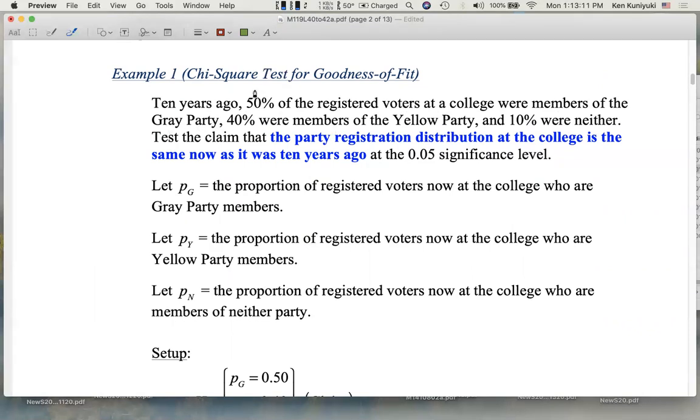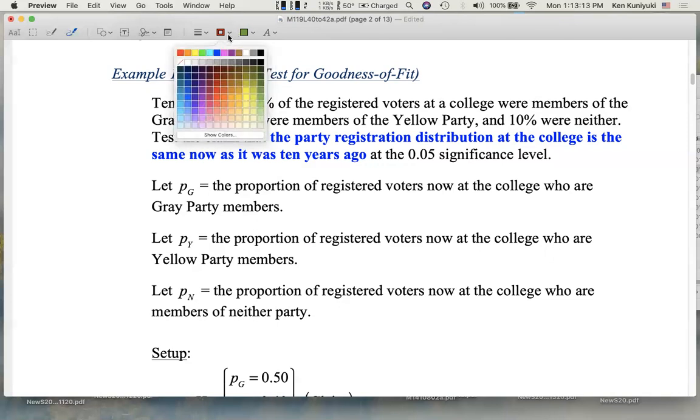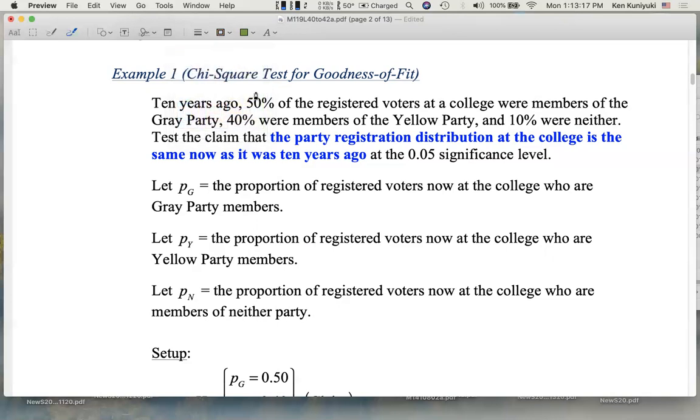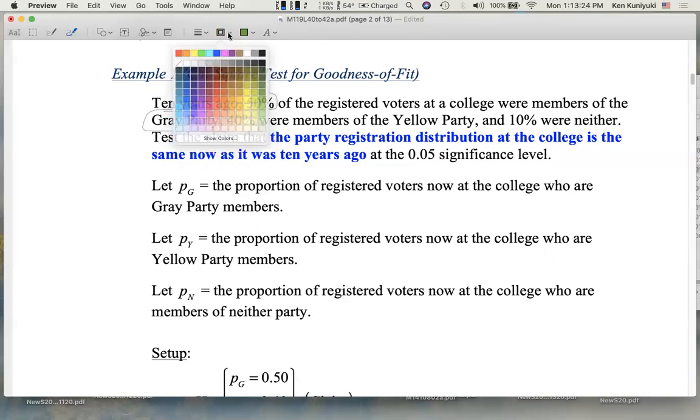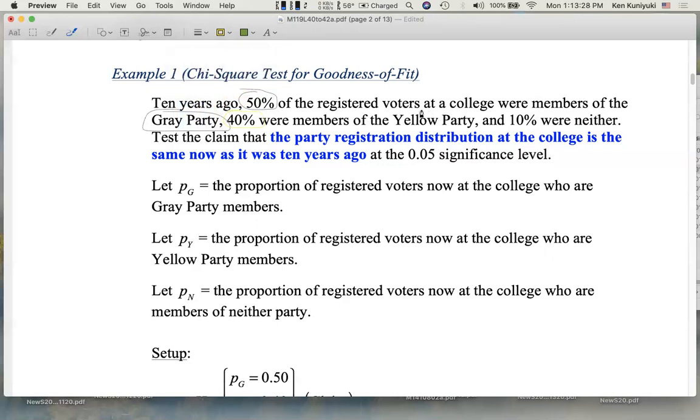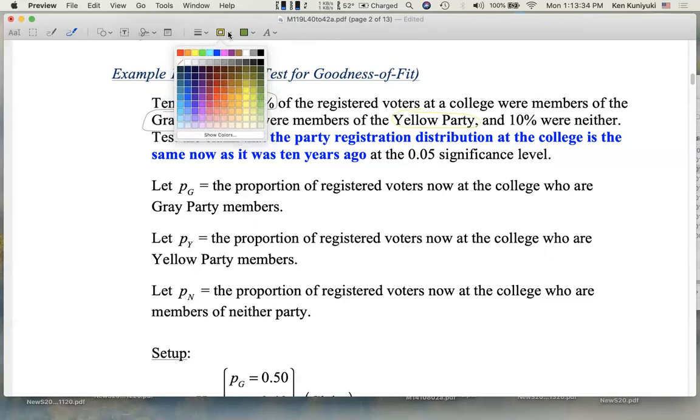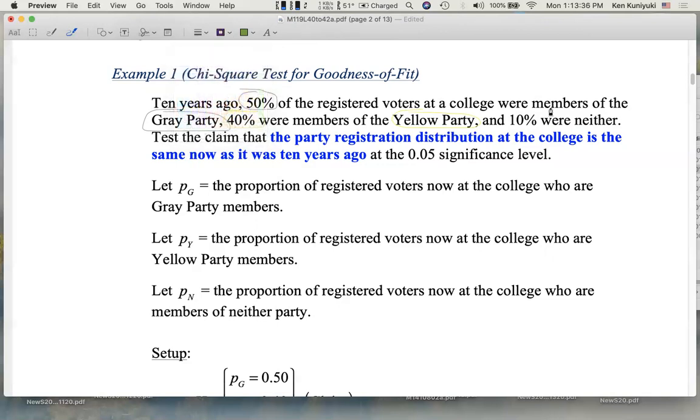I'll go ahead and put that in gray. 50% of the registered voters were members of the gray party. 40% were members of the yellow party. And 10% were neither. What's neither? How about purple? Purple's like neither nowadays, right? 10% were neither.